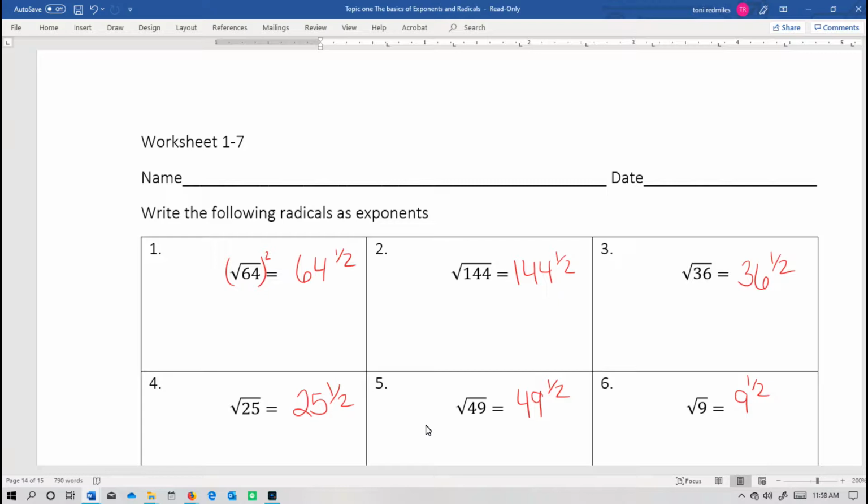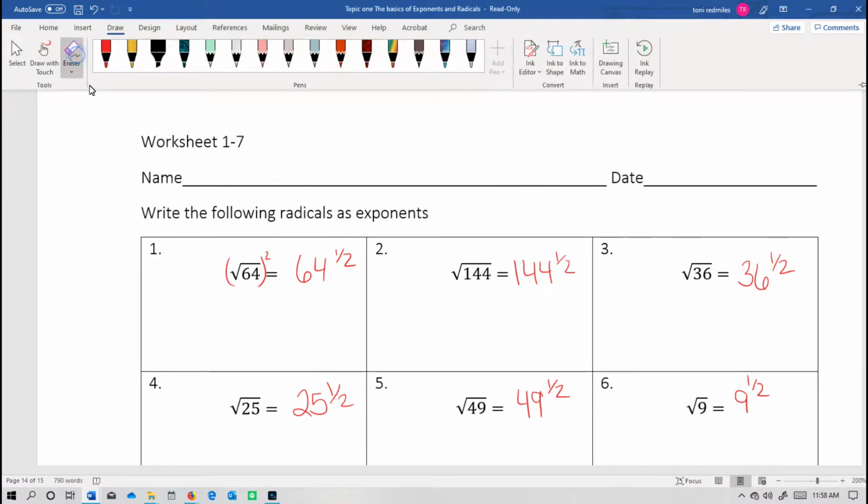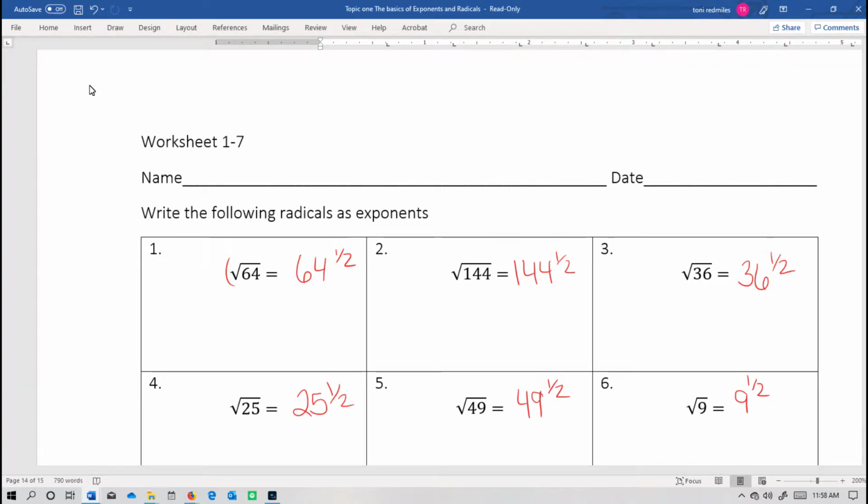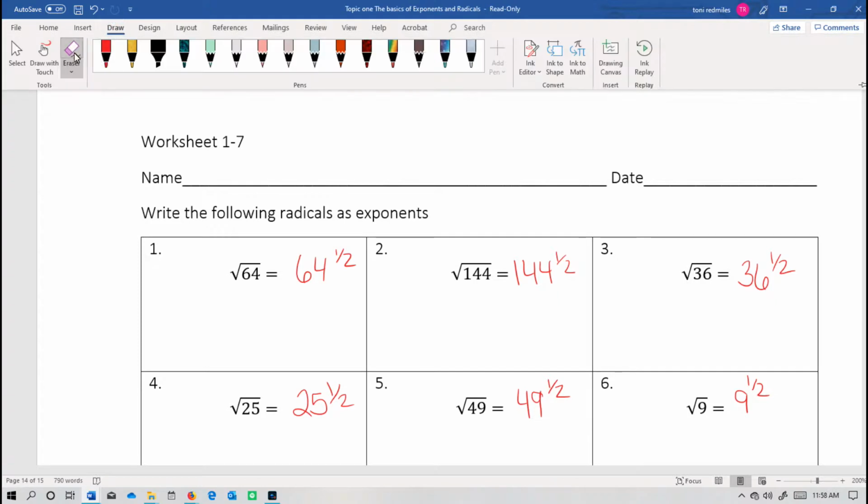I'd have to have something over here on the other side of the equals. I don't have that in this case. There is no equality, so I can't do opposite operation. If you were looking at this worksheet and say, hey, I do opposite operation, you can't, because there's nothing on the other side of this equals. Remember, opposite operation only works when there's a balance of equality in the equation.